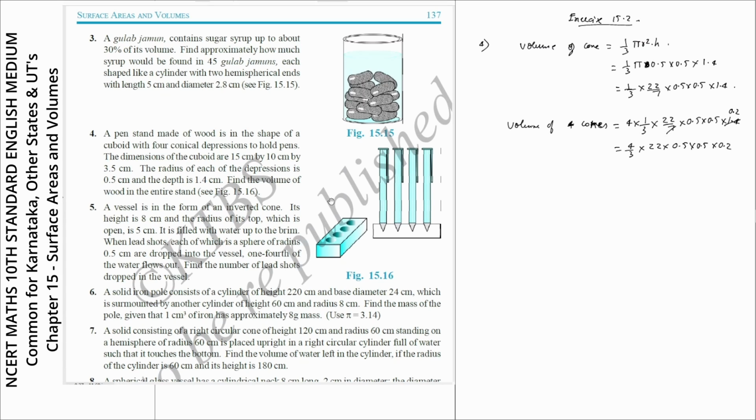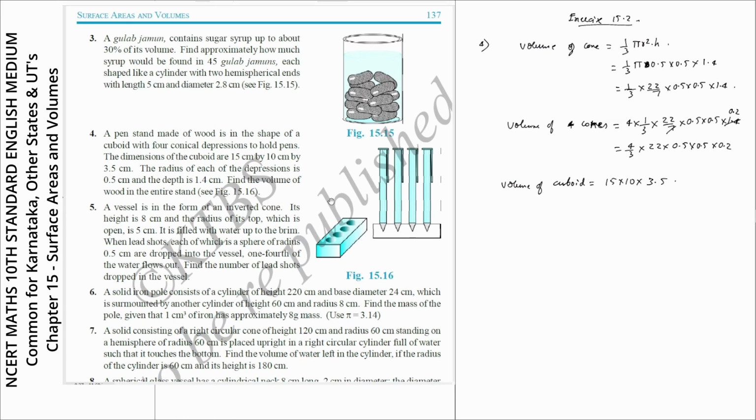Now what is the volume of cuboid? Given that the length, breadth and height are 15 centimeter, 10 centimeter and 3.5 centimeter, the volume of cuboid will be 15 into 10 into 3.5.